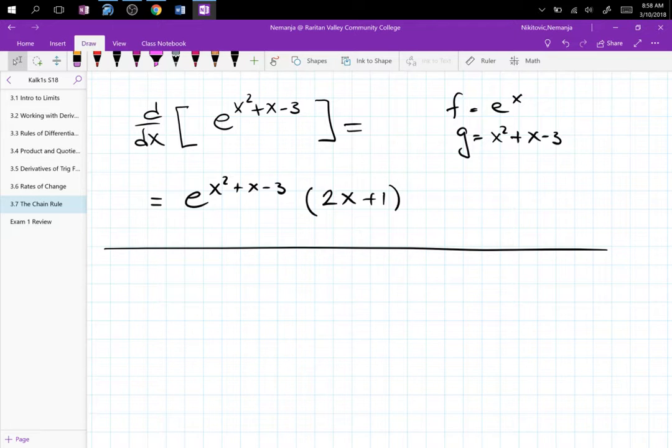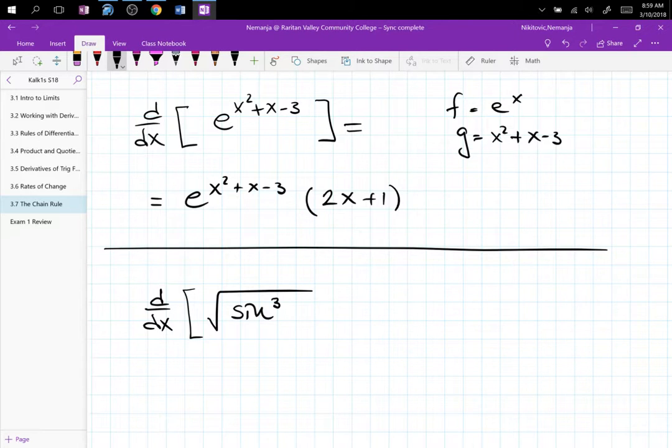Now, let's see what we do with, say, square root of sine cubed of, let's say, 5x.